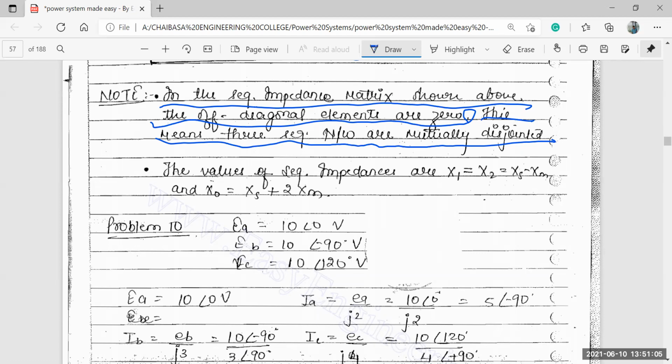Now the values of the sequence impedances are: X_1 and X_2 equal X_S minus X_M, the positive and negative sequence components of the impedance, and the zero sequence component is X_S plus 2X_M.